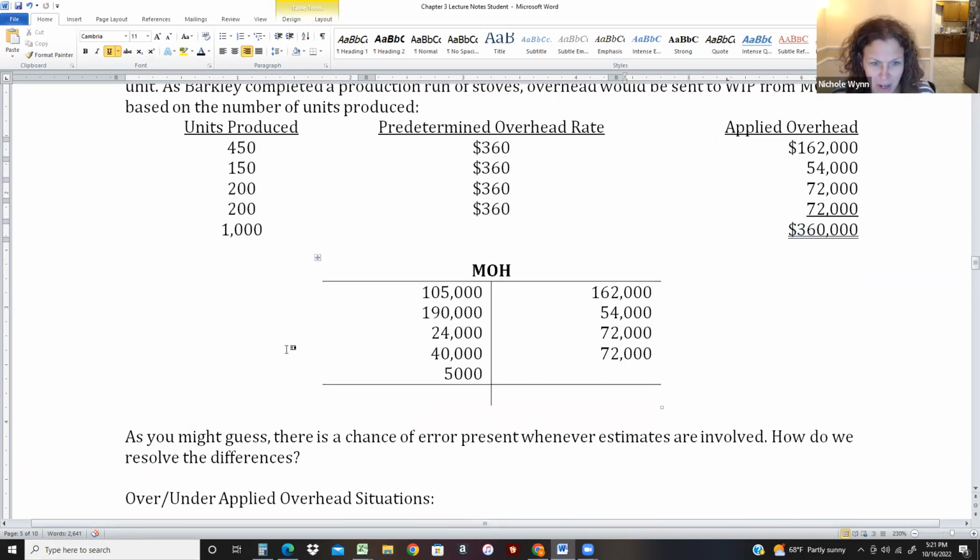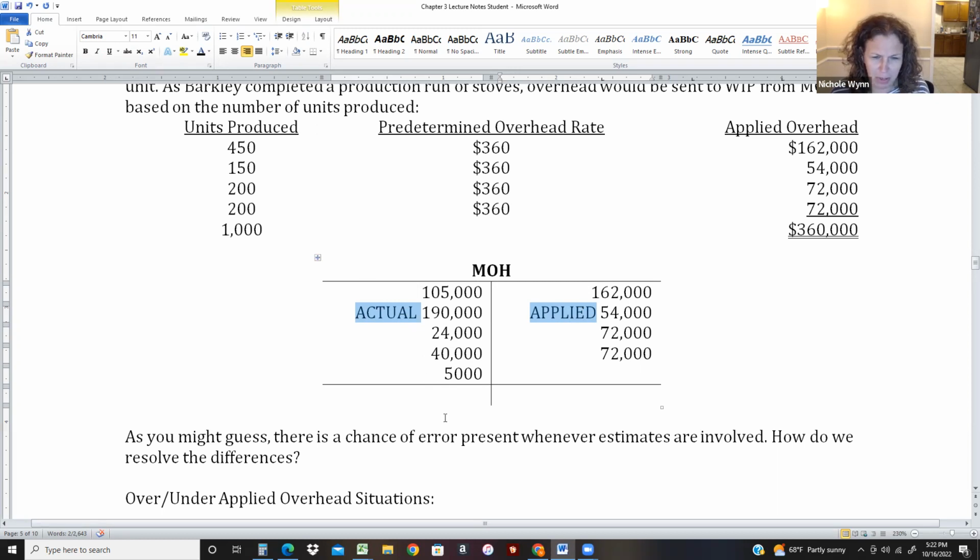So what I would do now is, I'm going to write right here. So this is the actual side, and this side is called the applied side. So what I want you to notice is when we're looking at actual and applied, it goes in alphabetical order. So you read from left to right, actual, applied. So this side is going to have all of your actual costs on it. And then every time we apply overhead, we're going to put it over on the credit side.